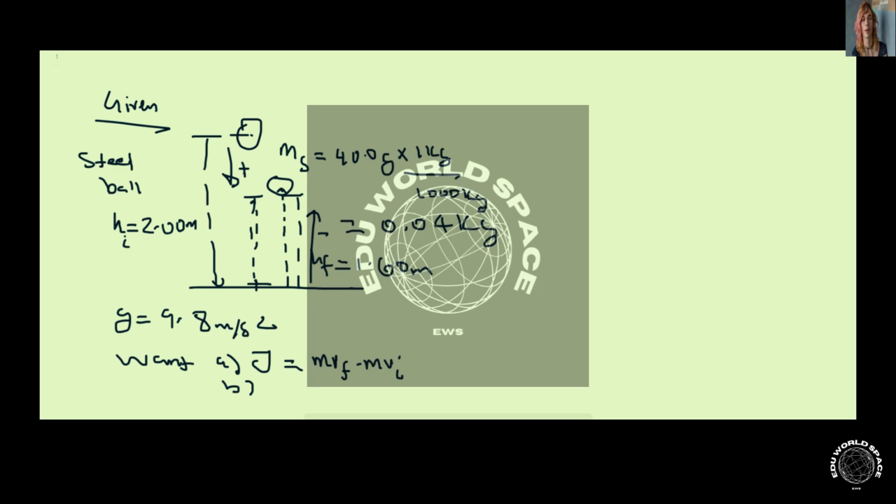The second part is that we're given a time, t equals 2 milliseconds. We can change that right away to seconds: this is over 1,000 seconds, and that gives us 0.002 seconds.